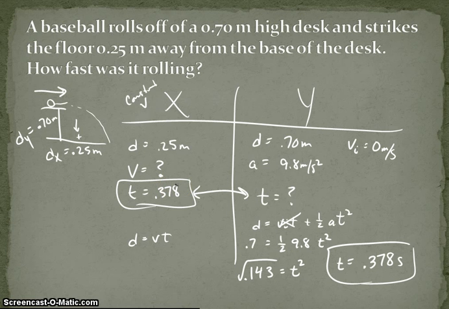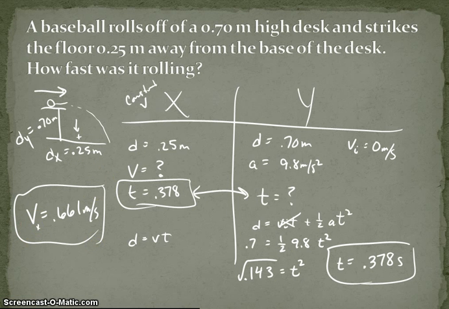So my distance was 0.25. I'm going to divide my distance by my 0.378, and I now find that my velocity in the x direction was 0.661 meters per second, as it went horizontally off of the table.